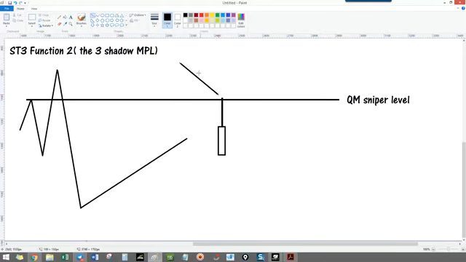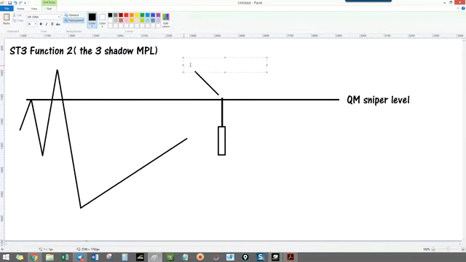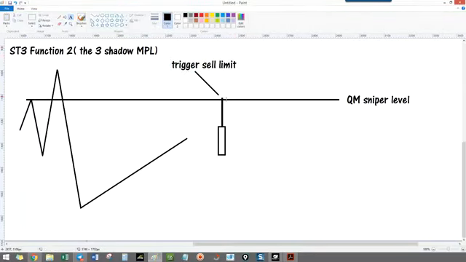This one. Trigger. Sell limit. This one trigger sell limit.